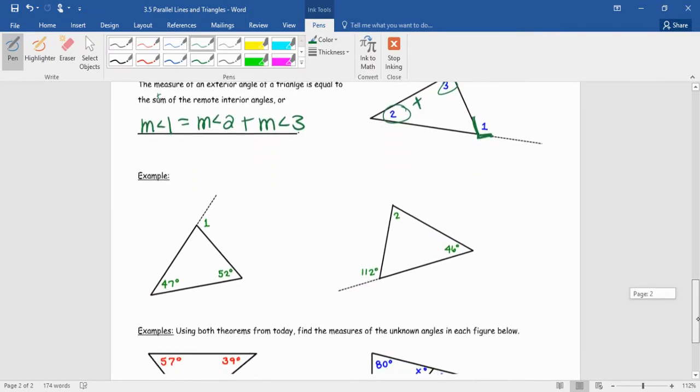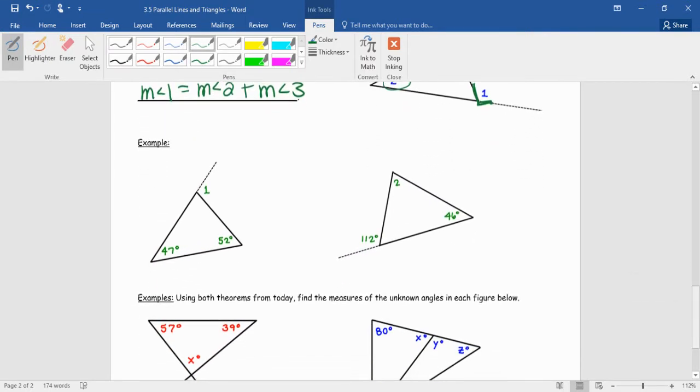Okay, so we're going to do these two little examples right here. In this one, we're finding angle 1, which is an exterior angle. And we just said that you find the exterior angle by adding the two interior angles that it is not close to, the remote interior angles. So in this first one, the measure of angle 1, because that's the exterior angle, will equal whatever I get when I add those two things together.